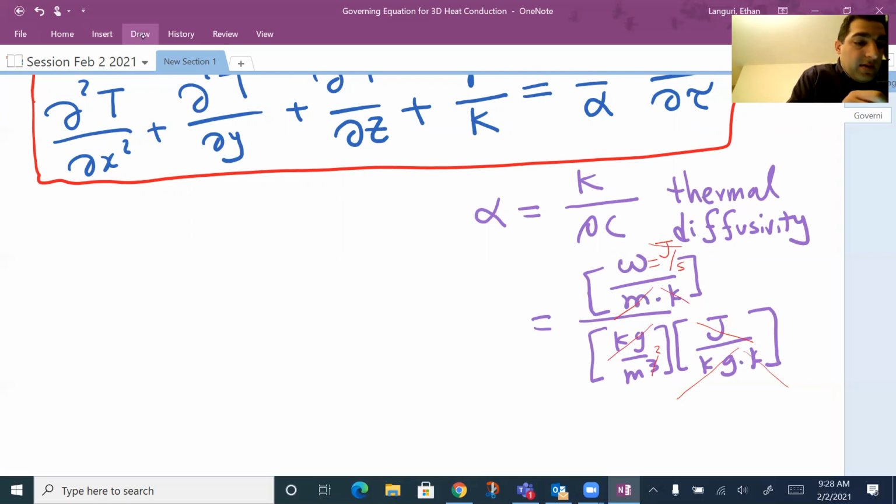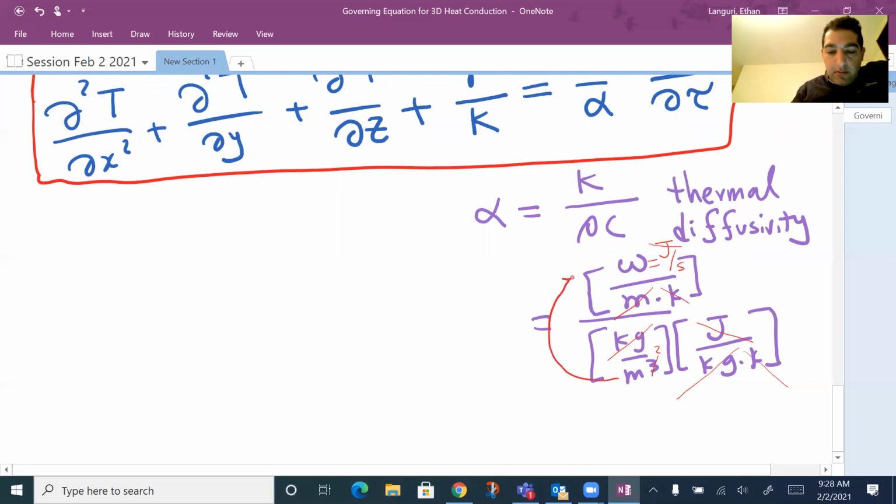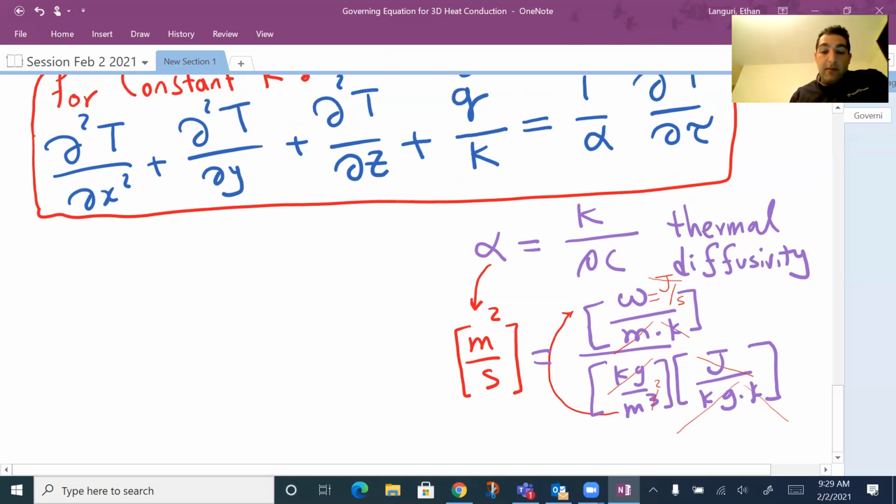So at the end, I end up with meter cubed, which is the denominator of the denominator, so goes all the way on top. And then I have 1 over second as well, so I can show my unit for thermal diffusivity as meter squared per second.